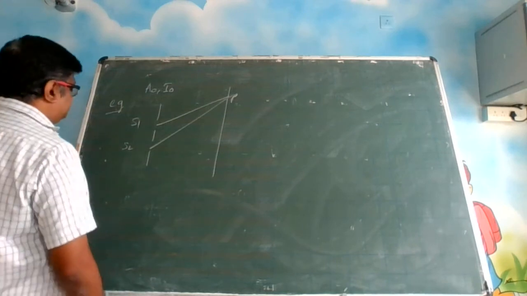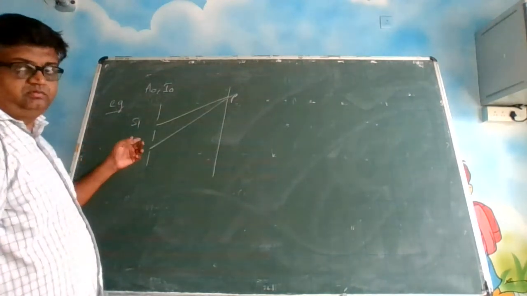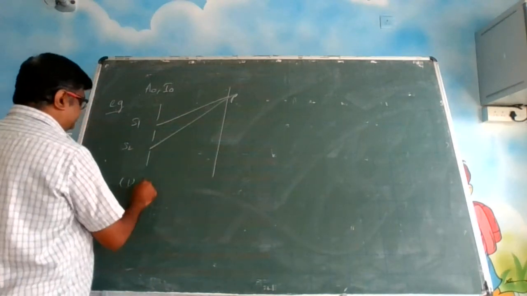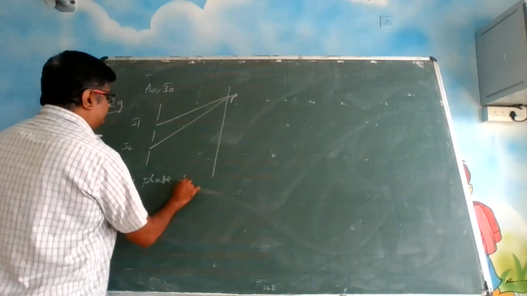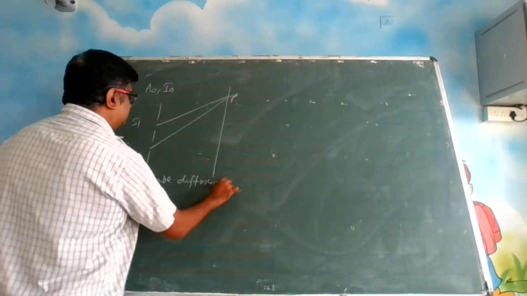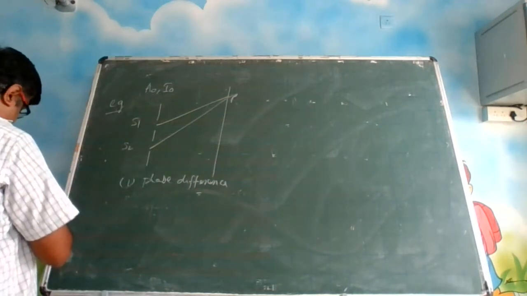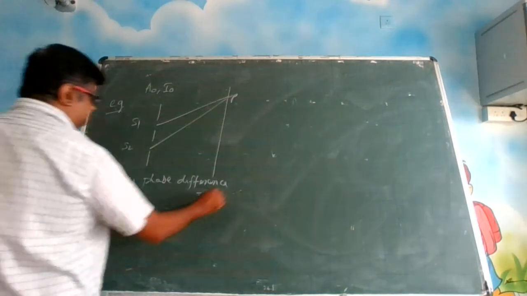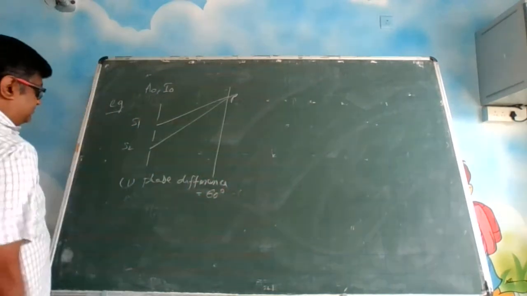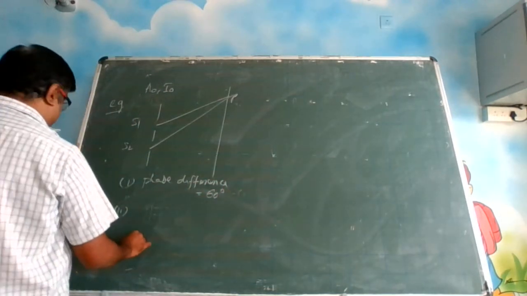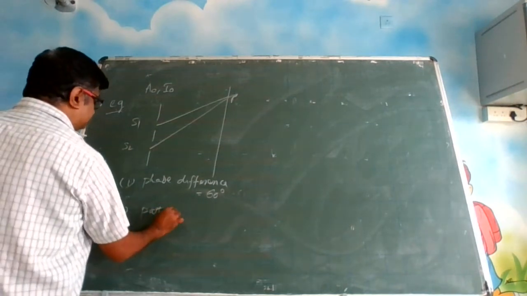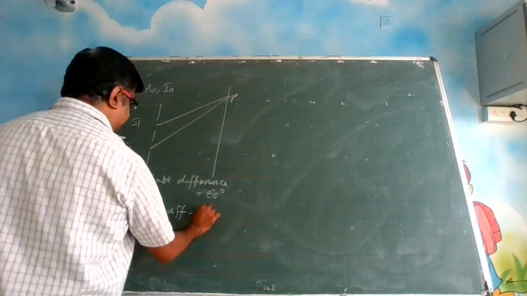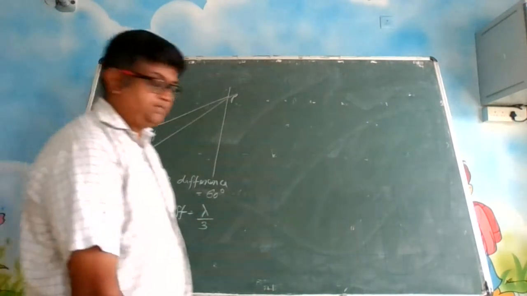The question is to find the resultant amplitude and resultant intensity, first when the phase difference is 60 degrees, and second when the path difference is lambda by 3. So this is the question you have to solve.